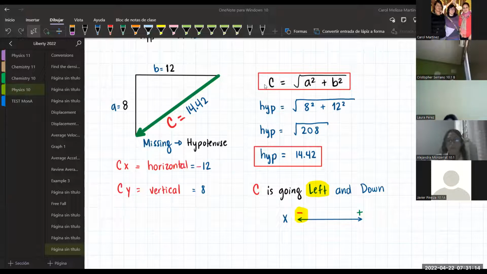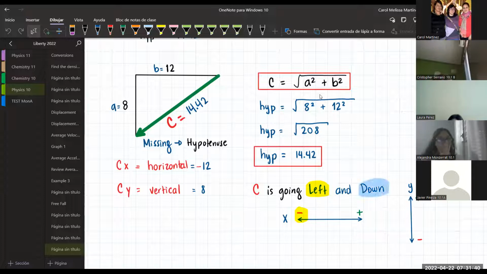Also C is going down. Remember, in the number line, upward is considered to be a positive direction, while downward is considered to be a negative direction. This is for y. This hypotenuse is going left, but also is coming down.